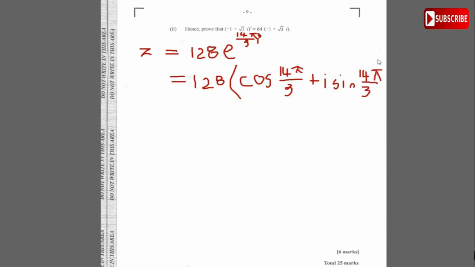Nice and easy. So now that we have this, we can continue and work out z.